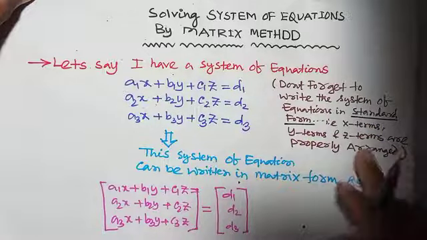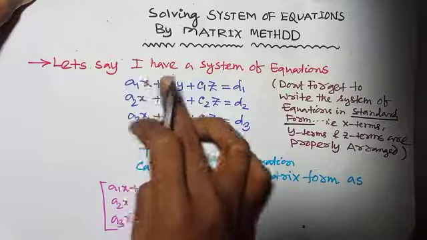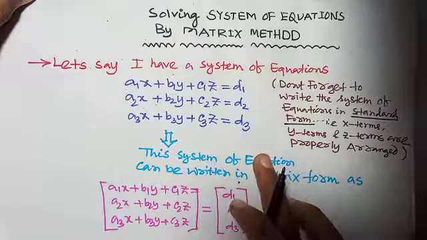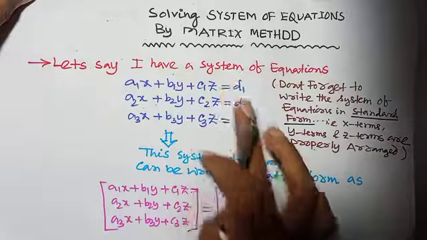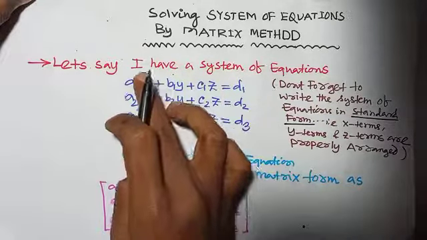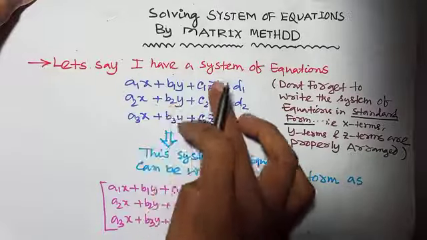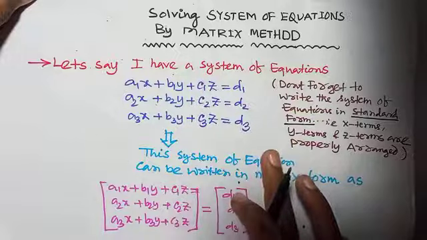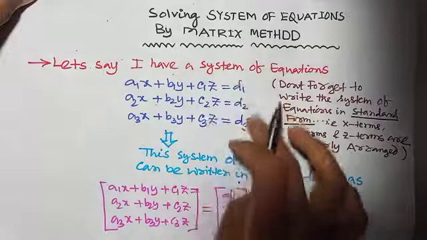Sometimes these terms are haphazardly written, so first of all we have to arrange them systematically. The x terms should be in this column, the y terms in this column, and the z terms in this column, and similarly the constant terms should be on the right-hand side.